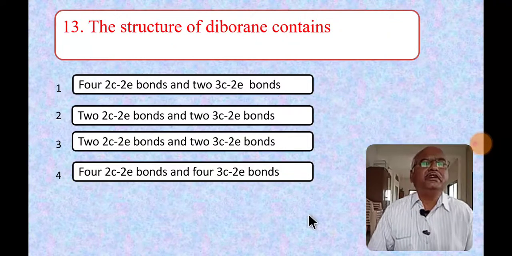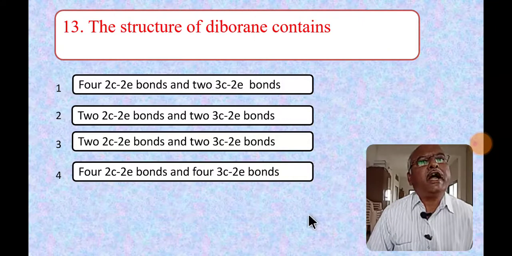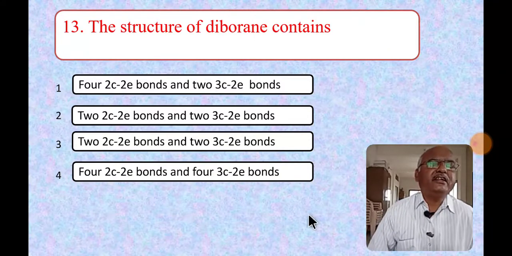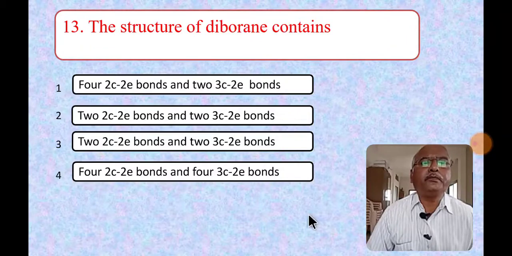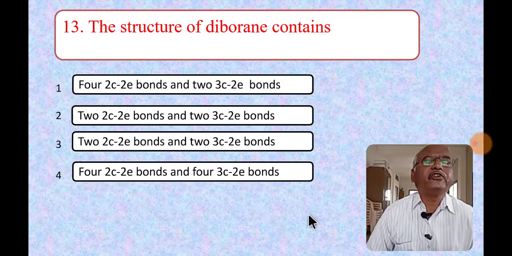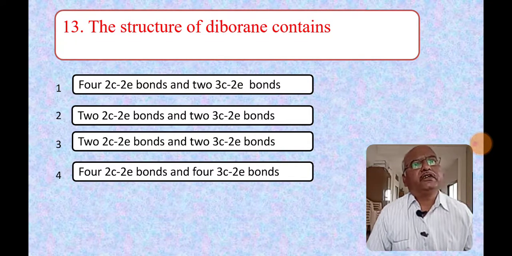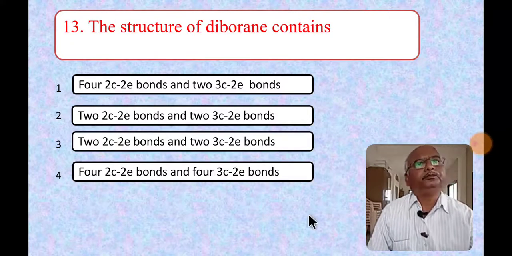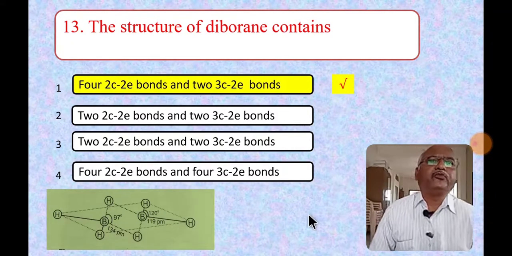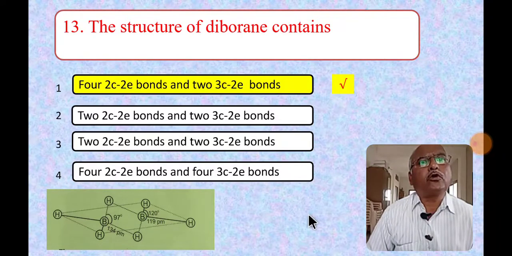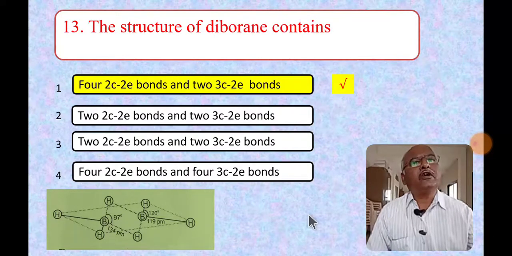Question number 13. The structure of diborane contains. Once again, the question on diborane. Read all the options. Select the correct option. First option is the correct. 4 2-center 2-electron bonds and 2 3-center 2-electron bonds.